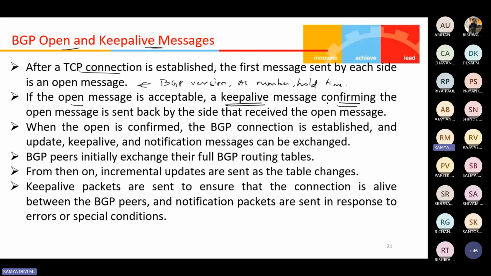At session startup, the peers exchange BGP routing information, which contains the routing tables. After that, they send only incremental updates. Incremental updates are not sent on a periodic basis. Only if there are any changes will they send the updates.